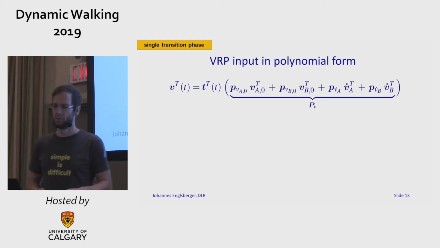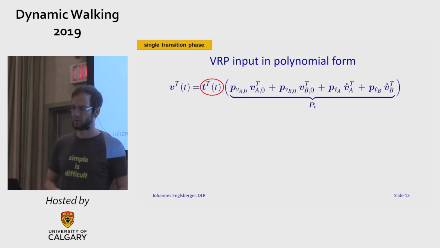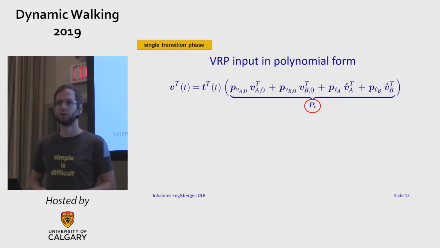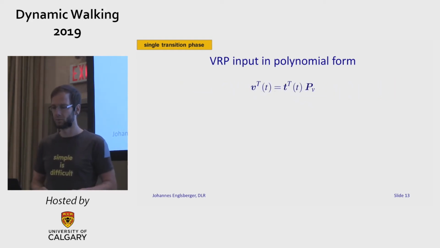So finally, the virtual repellent point input can be formulated as a polynomial over time. This is just a collection of time monomials. And here we have the virtual repellent point polynomial parameter matrix that's built up from this support point A start point and velocity, support point B start point and velocity. This is now written in a very compact way.